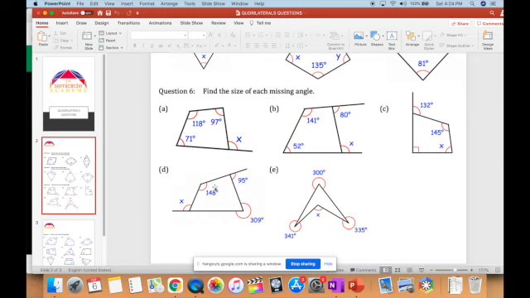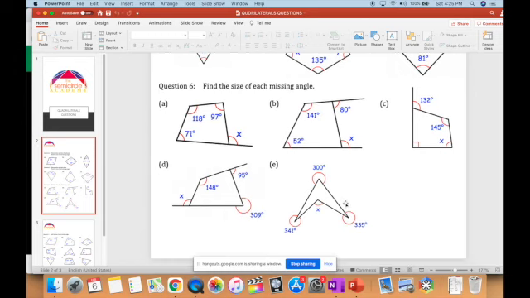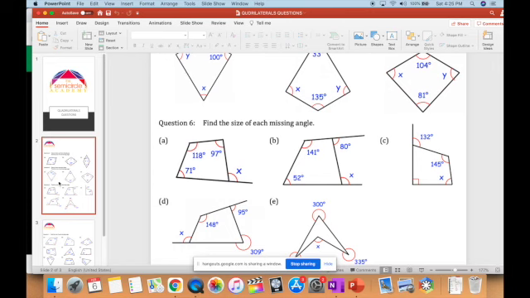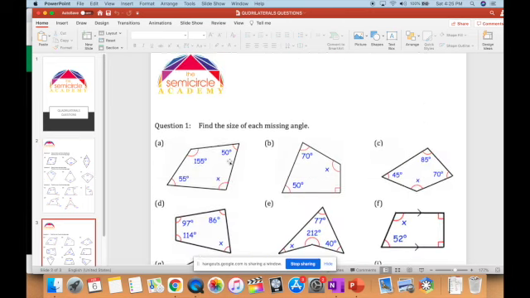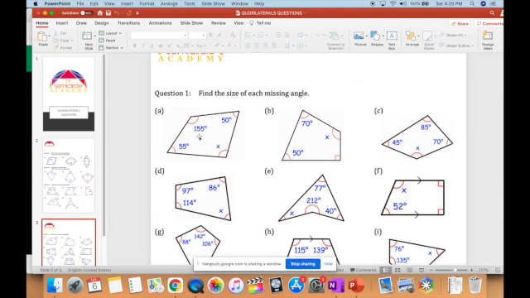We have some crazy looking ones as well. But we have this external business, and you know what? We didn't do concave and convex, so I'm wondering if they give you this. Actually, yes, you could do everything here. Find the size of each missing angle.